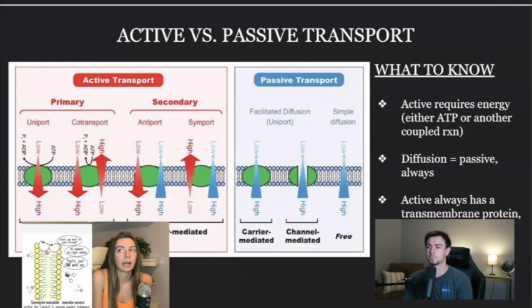Can water go straight through? Yes, water can go through one of the channels, so water is actually facilitated diffusion. Exactly. The name of the channel that water goes through is aquaporins. So osmosis is facilitated diffusion of water through an aquaporin.